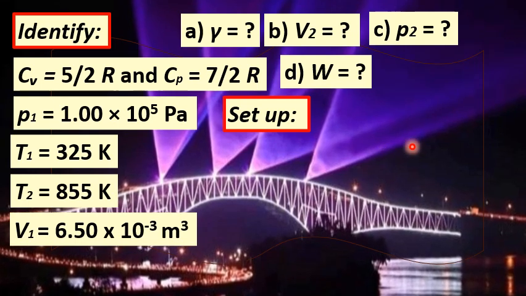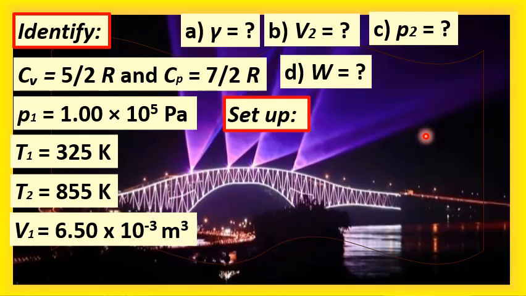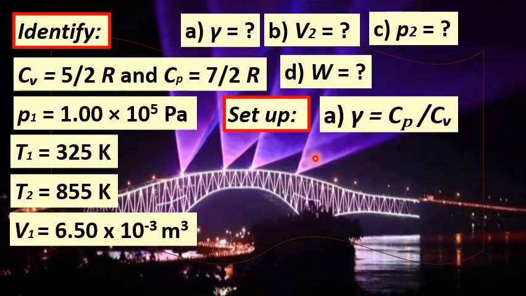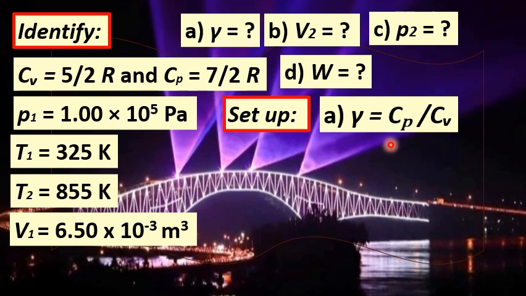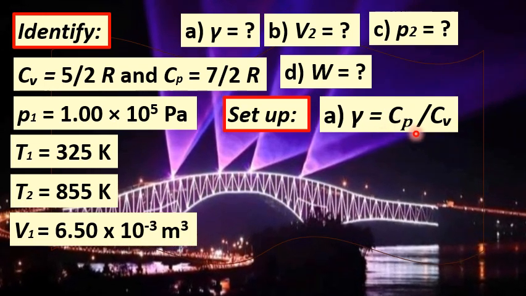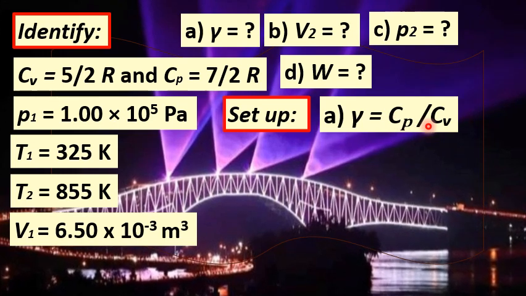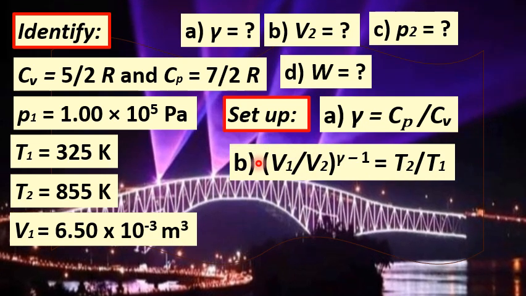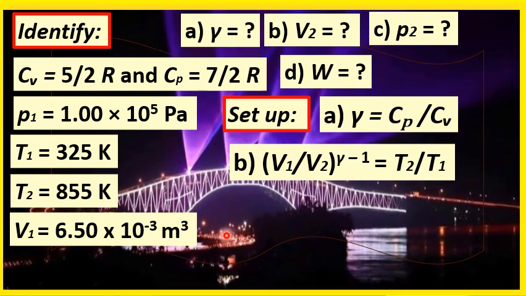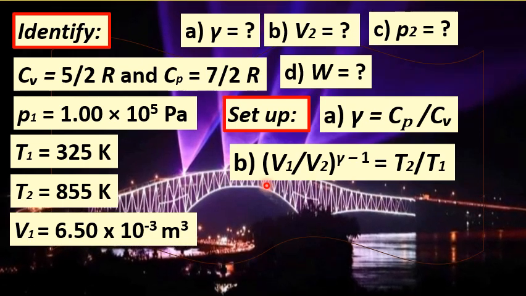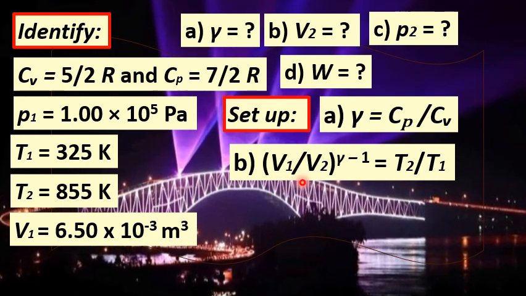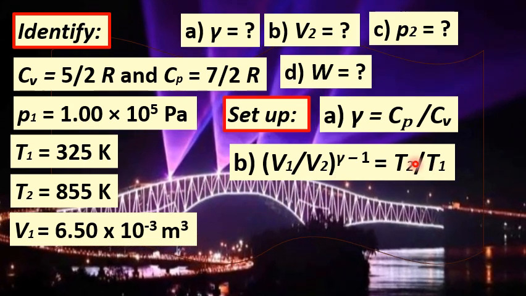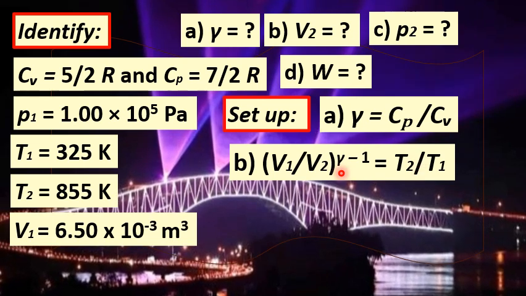the formulas or equations that we will be using for our computations. As usual, for finding the constant gamma, that's still dividing C sub P by C sub V. In finding the volume V sub 2, we base it on this relationship of the ratio of the volumes V sub 1 over V sub 2 with the ratio of the absolute temperature T sub 2 over T sub 1.